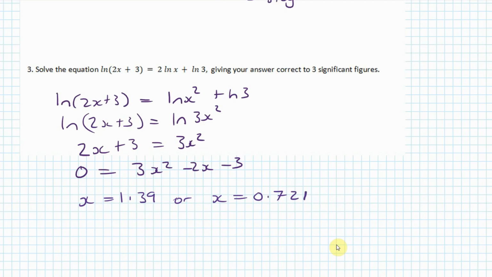So we can go ln 2 times 1.39 plus 3, and then that's 1.75. Okay, and then we'll do 2 times ln 1.39 plus ln 3, and that's 1.75 or 1.76. So yep, there's maybe small rounding errors there, but yep, that's perfect.